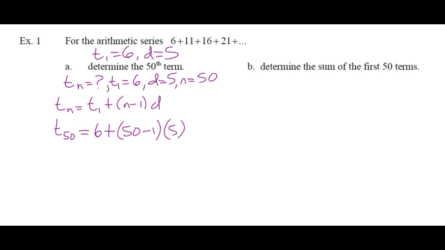We've got a formula, we've identified all the parts of the formula, the thing we have to find and the stuff we know, we substitute that in, and we just work this out. So it's 6 plus 49 times 5, which would be 250 if it were 50 times 5, but it's 5 less than that, and 6 is 1 more than 5, so it's 251.